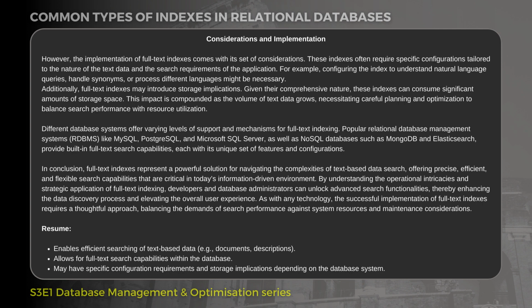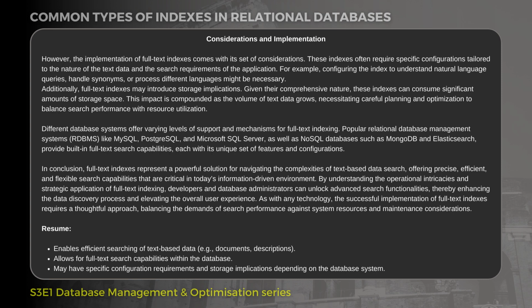Considerations and implementation. However, the implementation of full-text indexes comes with its set of considerations. These indexes often require specific configurations tailored to the nature of the text data and the search requirements of the application. For example, configuring the index to understand natural language queries, handle synonyms, or process different languages might be necessary.